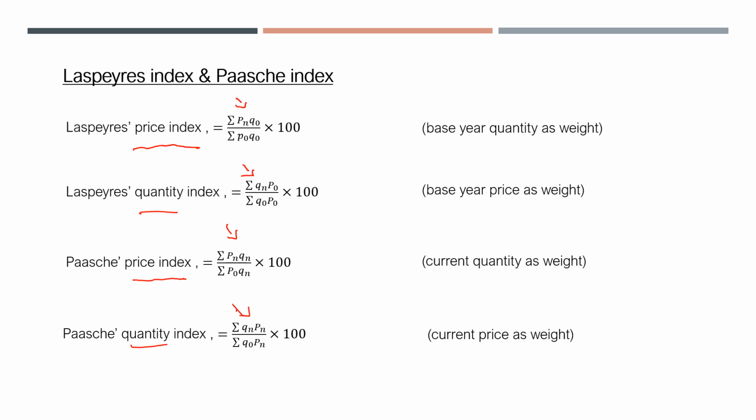The thing you have to remember is that for the last year price index, it will be Pn, there's only one n, and the rest will be 0. For quantity, it will be Qn, one n, and the rest will be 0. And then the partial will be the contrast.